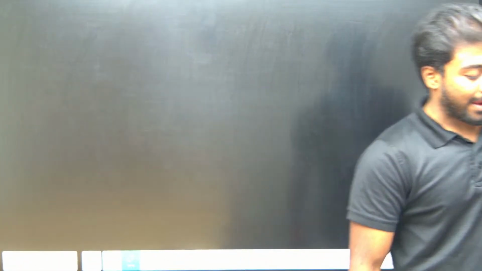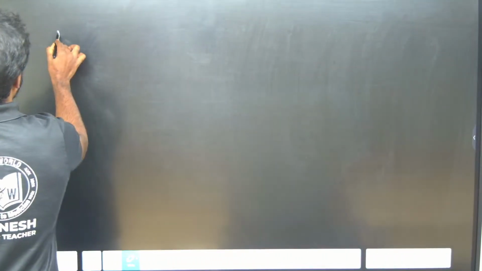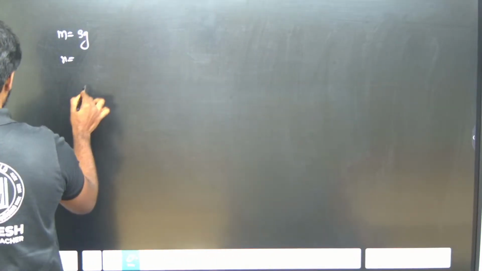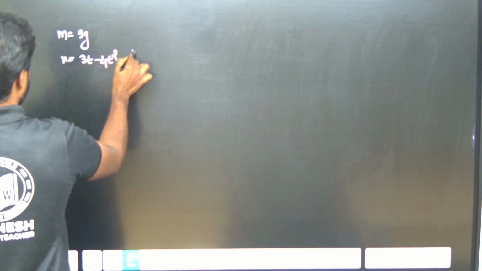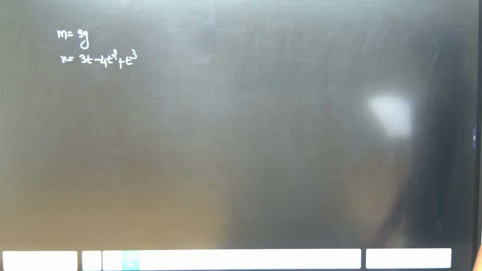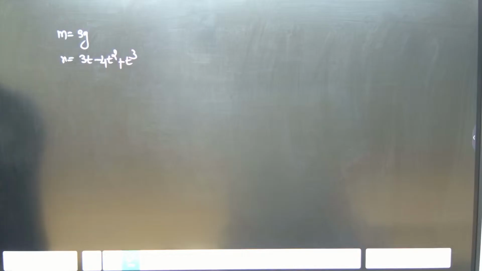A force acts on a 3 gram particle, such that its position x is equal to 3t minus 4t square plus t cube, where x is in meters and t is in seconds. The work done during the first 4 seconds, they are asking.